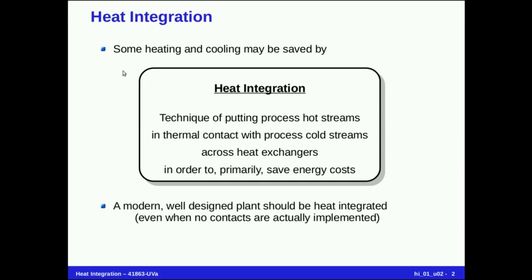Heat integration is the technique of putting process hot streams in thermal contact with process cold streams across heat exchangers in order to primarily save energy cost. No more than this: putting hot streams in contact with cold streams across heat exchangers to save costs, no more than that.